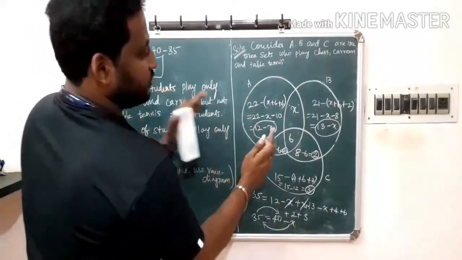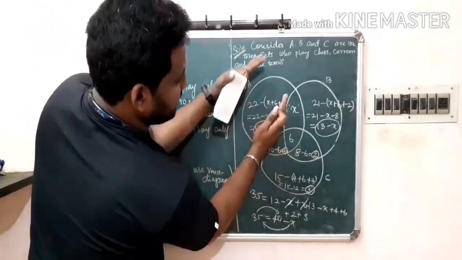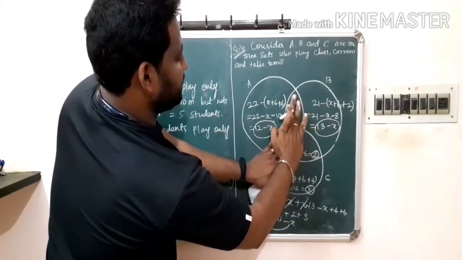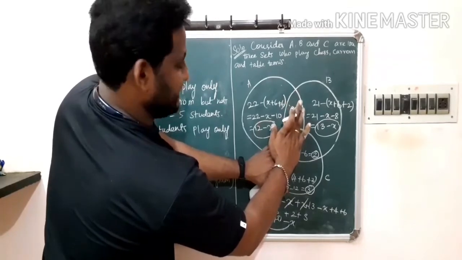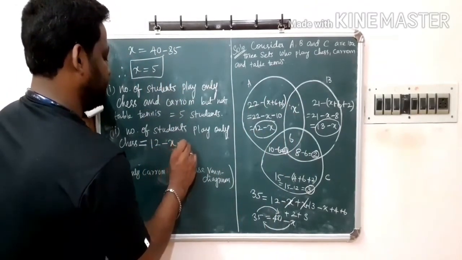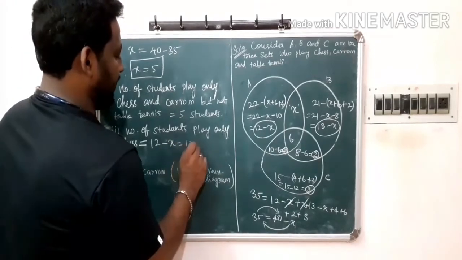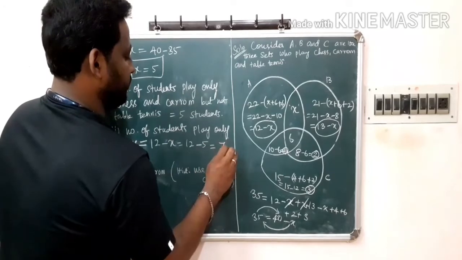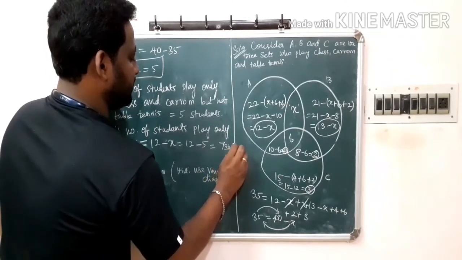Only chess means you have to subtract all the three values. So this part alone is only chess, and this part alone is 12 minus x. We know the x value, so 12 minus 5 is equal to 7 students.